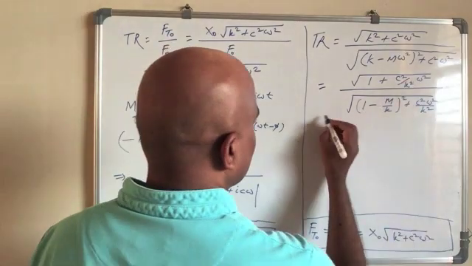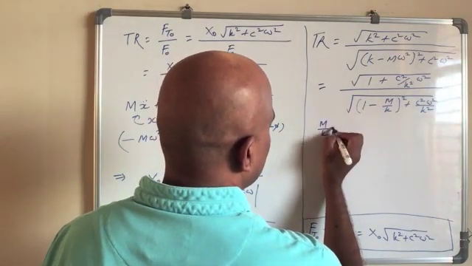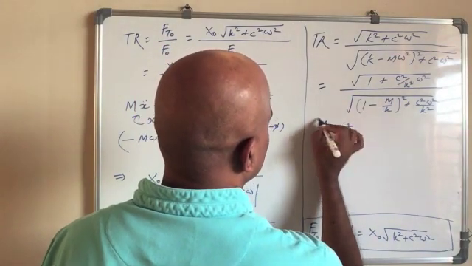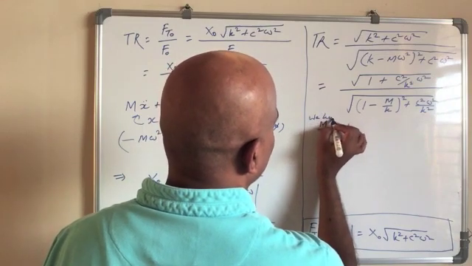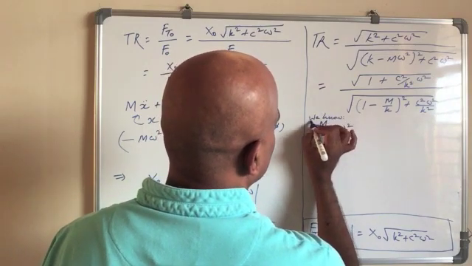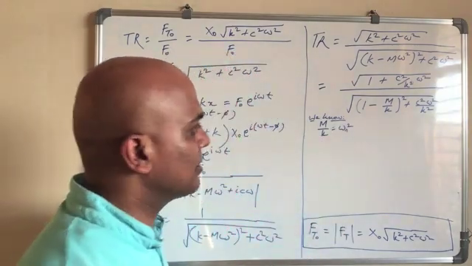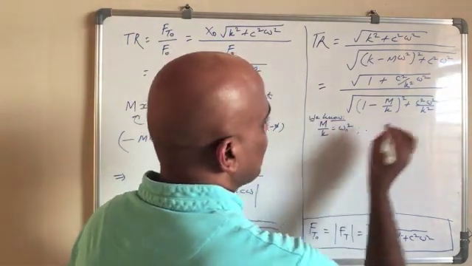Also we know that M over k is 1 over omega n squared. We have already given these relations earlier.